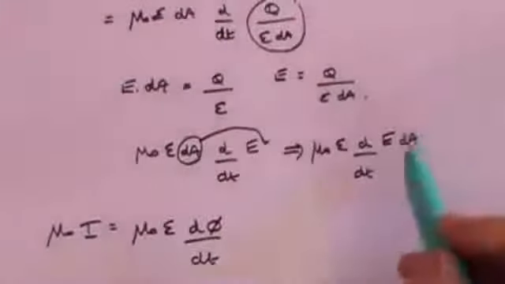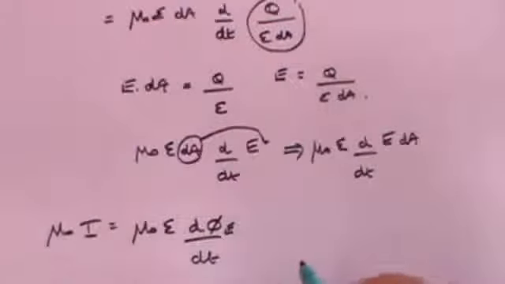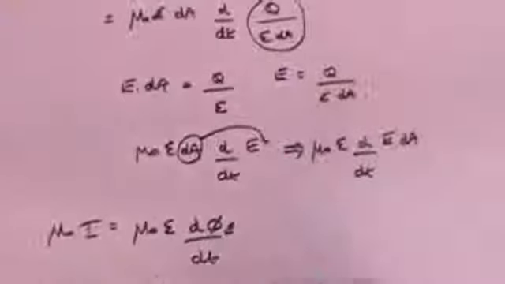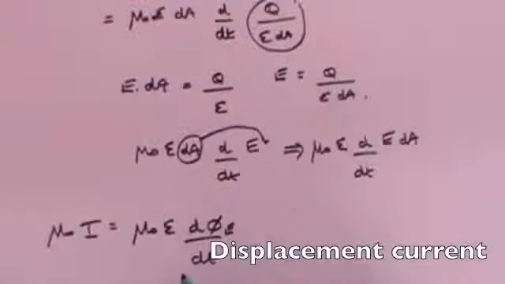And just to remind you, since it came from an E field, it is effectively electric flux, not magnetic flux. And this is often called the displacement current. That's its technical term.